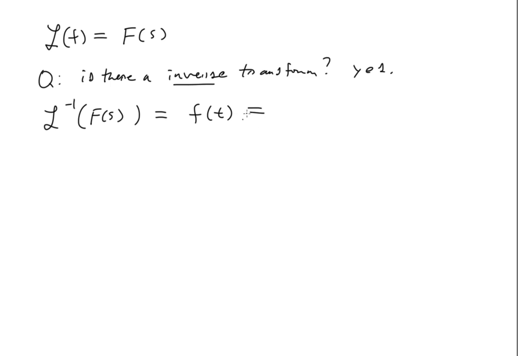This inverse transform actually can be written down. It's pretty complicated though. So I'll write it down for you, but I'll stress that if you're watching this video, you probably don't have the mathematical knowledge to actually compute this thing. It's 1 over 2 pi i, the integral from c minus i infinity to c plus i infinity of capital F of s, e to the st ds.